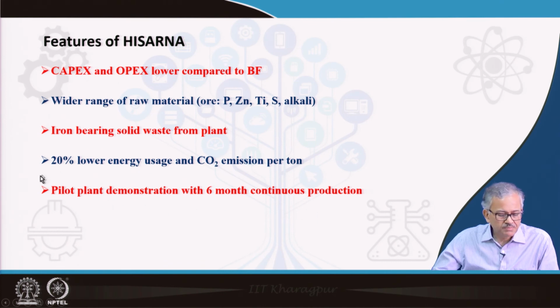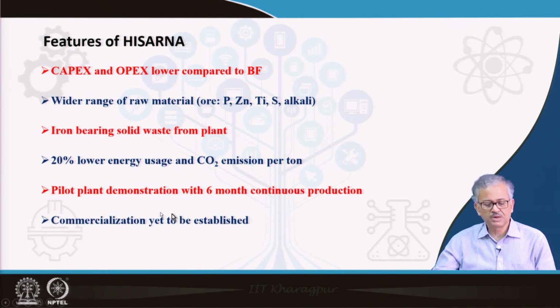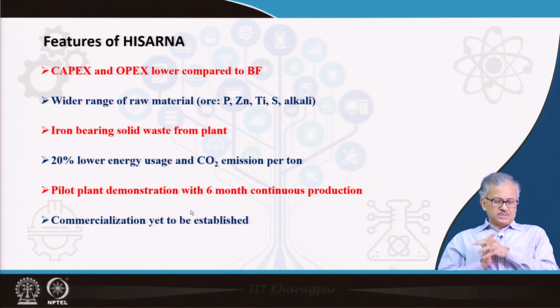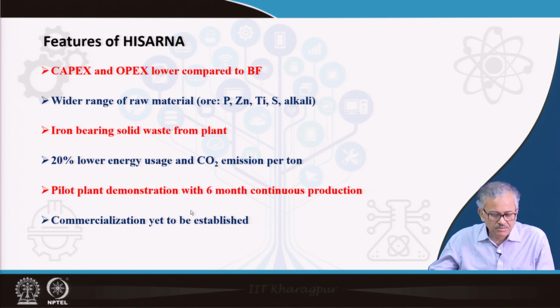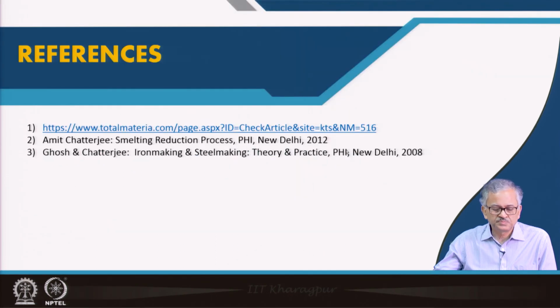The pilot plant demonstration has been done with continuous 6-month production, but still it is not in the commercialized stage. Commercialization is yet to be established, but pilot plant continuous 6-month operation has been tested. So this is also a very future smelting reduction process which has a very bright scope in future.